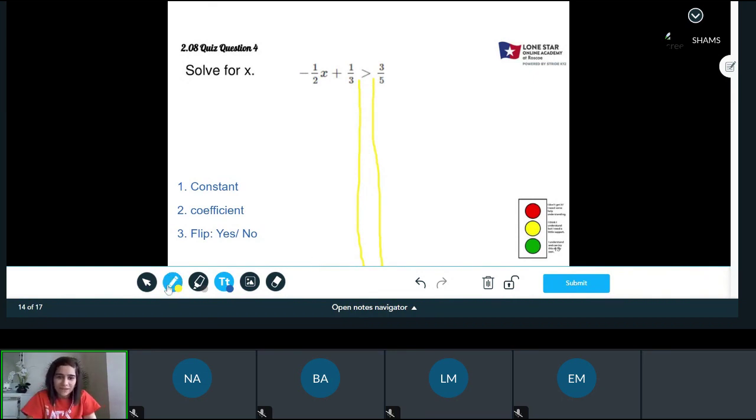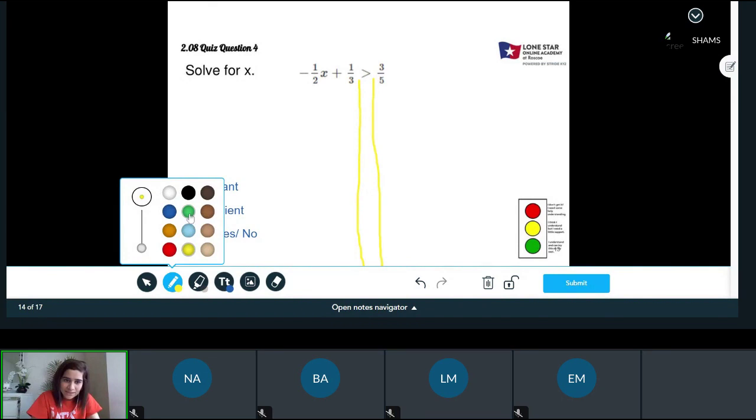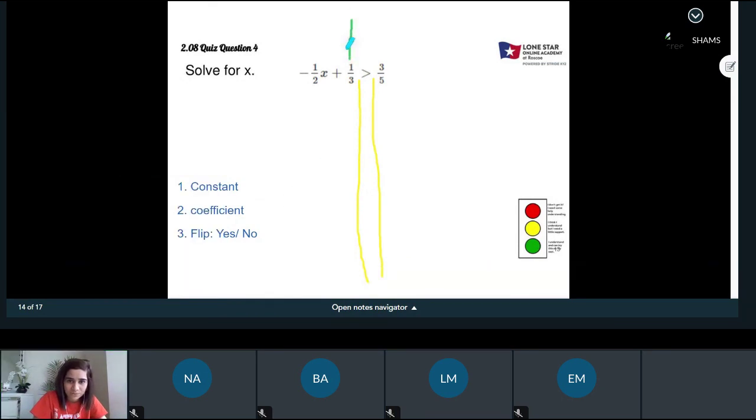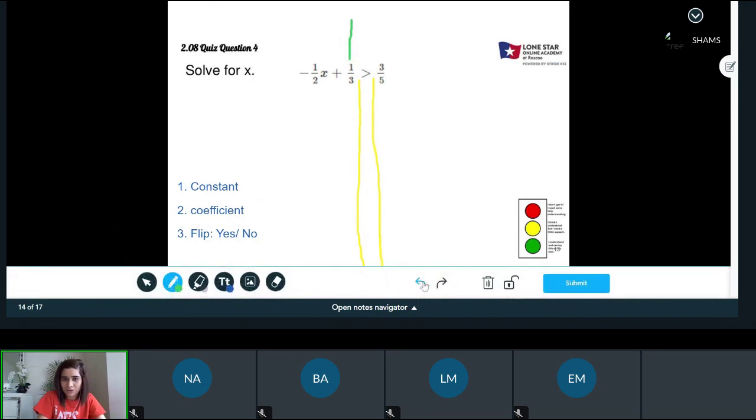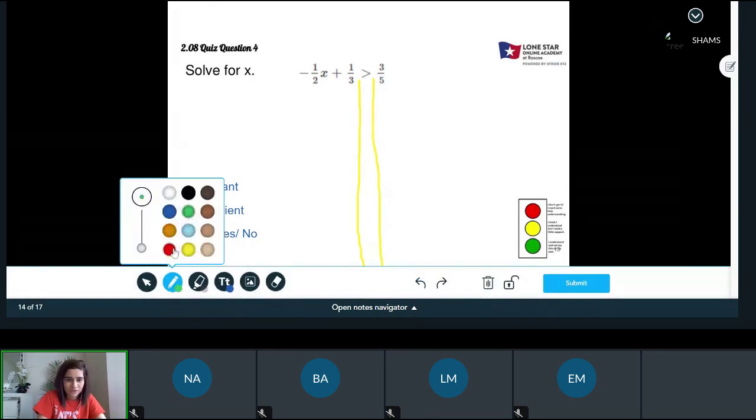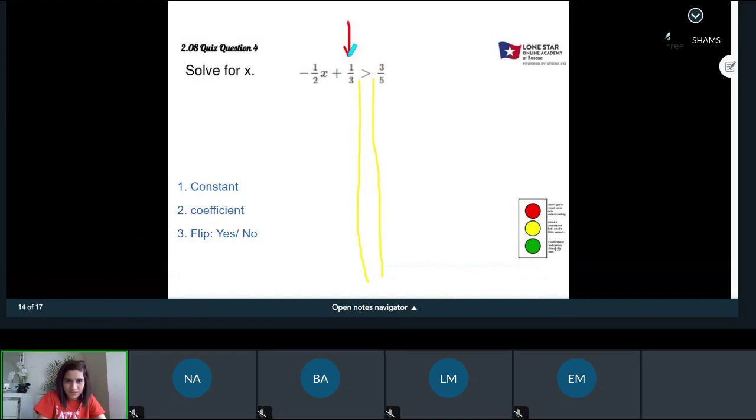And I'm going to go ahead, identify my constant. Constant is the one without variable, and it is 1/3. I didn't use the right color for constant. I'm trying to use a red one always. The constant is 1/3.